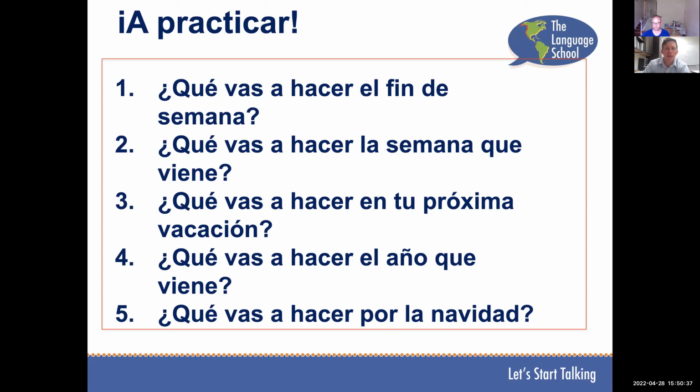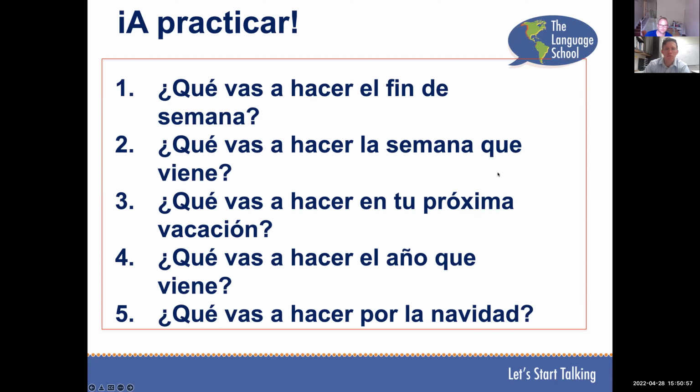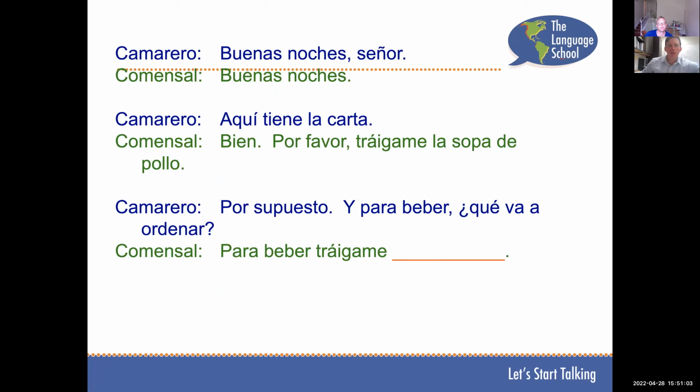Voy a estudiar español más. ¿Qué vas a hacer por la Navidad? No sé, pero voy a viajar a familia. Muy bien.